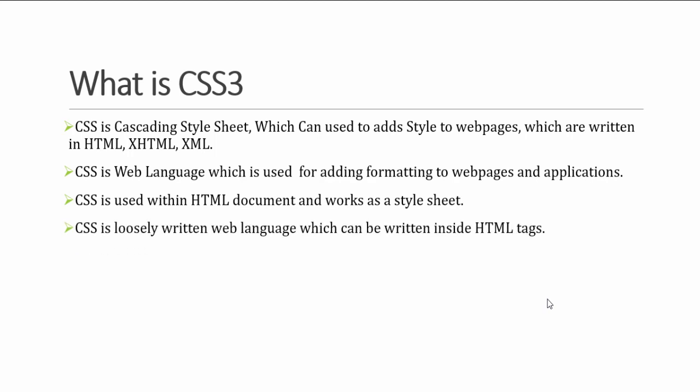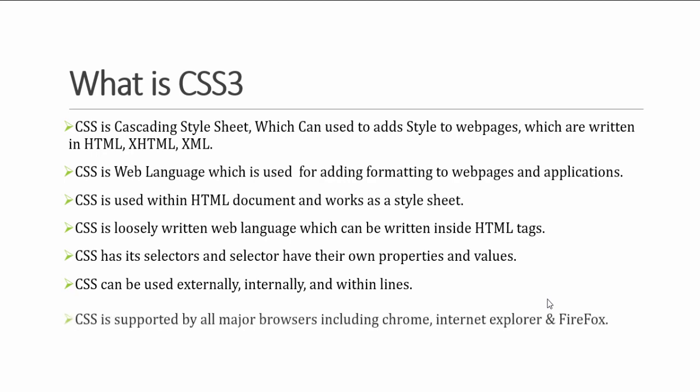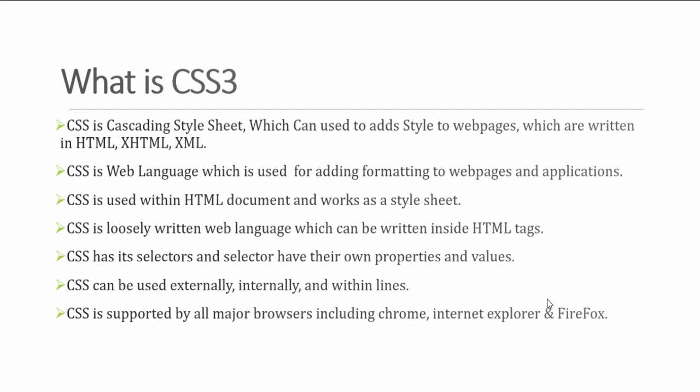CSS is a loosely written web language which can be written inside HTML tags. CSS has selectors, and selectors have their own properties and values. CSS can be used externally, internally, and inline. CSS is supported by all major browsers including Chrome, Internet Explorer, and Firefox.